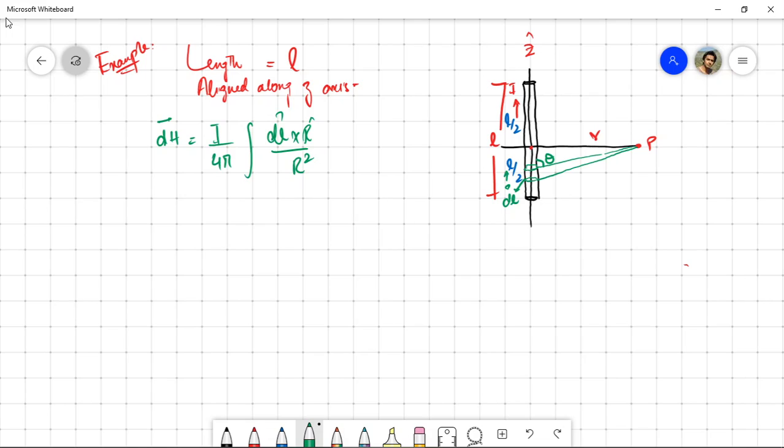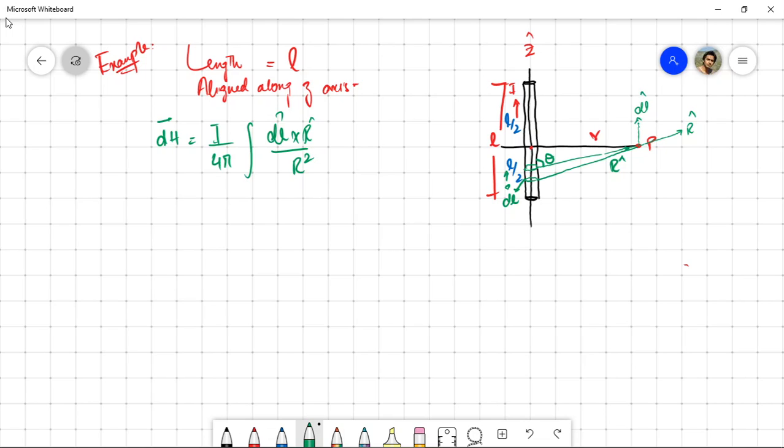This side was called small r, and if we extrapolate this r, this is r hat, and this is the direction of dl.